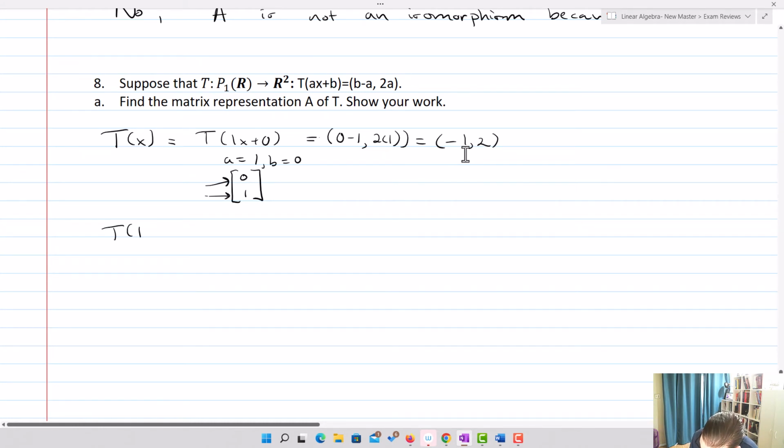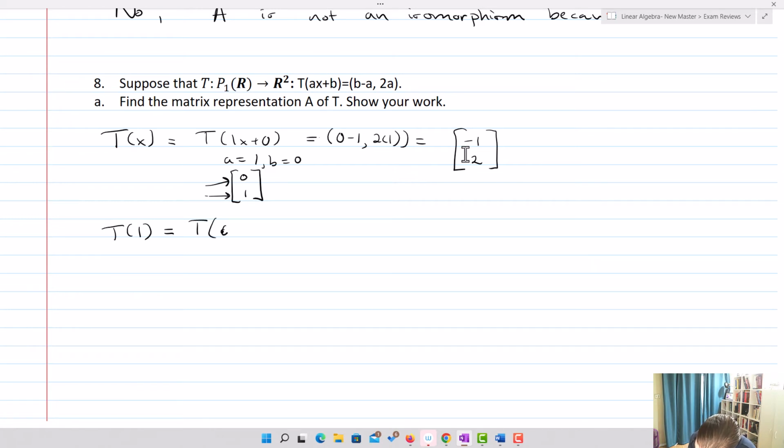If we take T of 1, which actually is going to be our first vector, and I'm going to write this as a column vector. So T of x is negative 1, 2. And so our first vector, T of 1, is just going to equal T of 0x plus 1. So that means A equals 0 and B equals 1. So we're just using this definition.